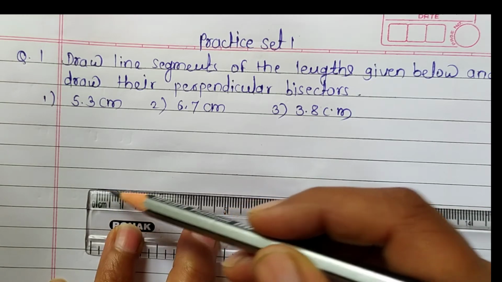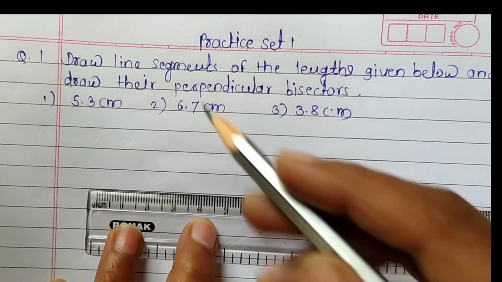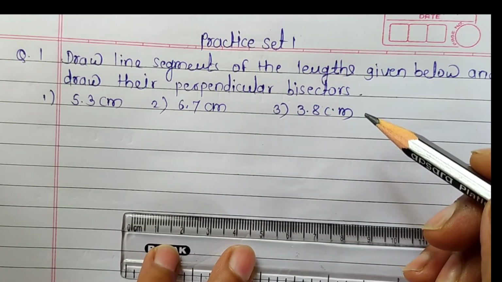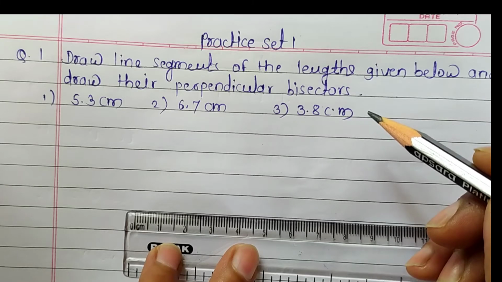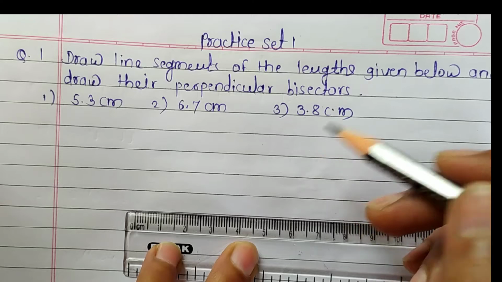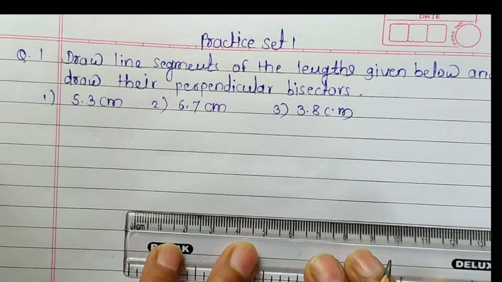Start from 0 and end at 5.3. Leave 4 to 5 lines on the upper side, so we can easily draw the perpendicular bisector for it.